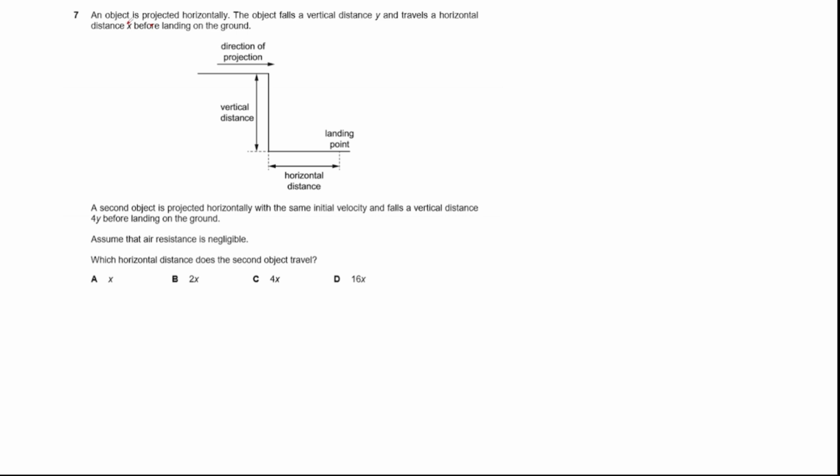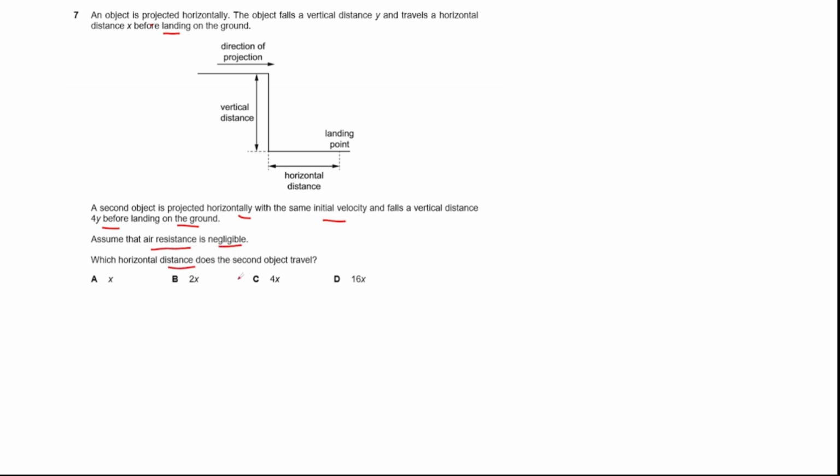Then question number 7, an object is projected horizontally. The object falls a vertical distance y and travels a horizontal distance x before landing on the ground. A second object is projected horizontally with the same initial velocity and falls a vertical distance 4y before landing on the ground. Assume that air resistance is negligible.